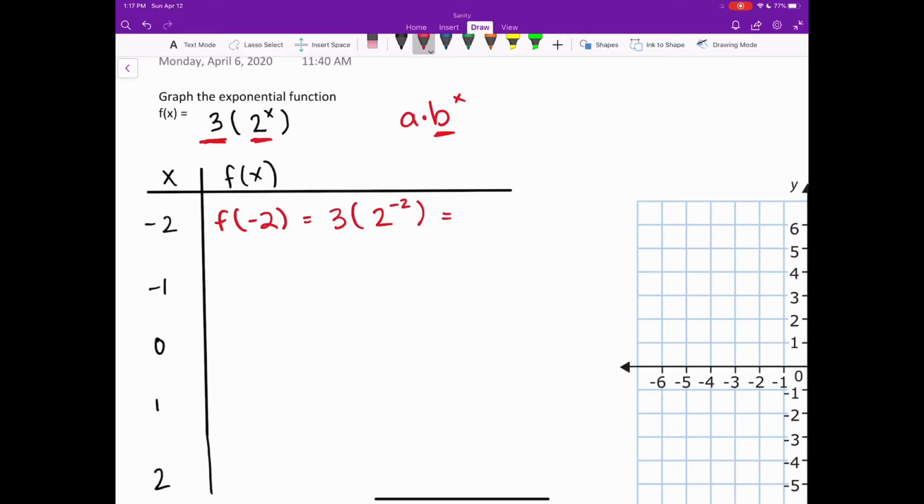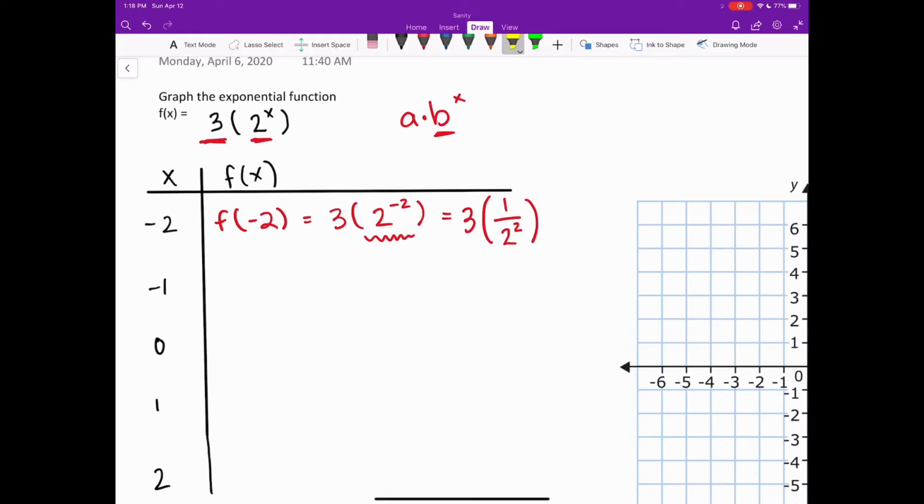All right, let's break that down. 2 to the power of -2, I see a negative in the exponent. We talked about kind of flipping my fraction here. So that 2, it's in the numerator now, it has to go to the denominator. So this is going to be 3 times 1 over, I have to flip that down to the denominator, 1 over 2 squared.